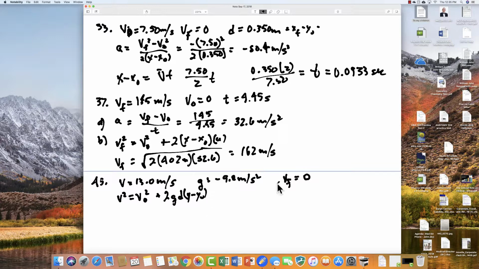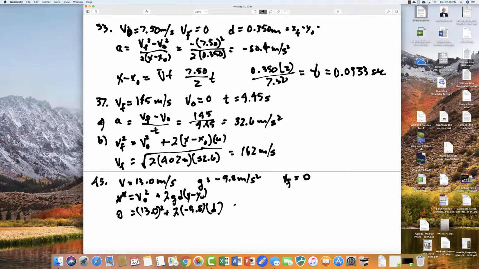And since we know this vf is 0, so we know that 0 is going to equal 13.0 squared plus 2 times minus 9.8 times the distance that he travels.